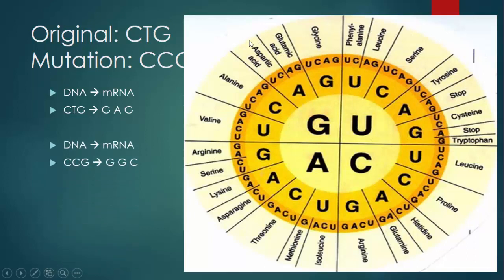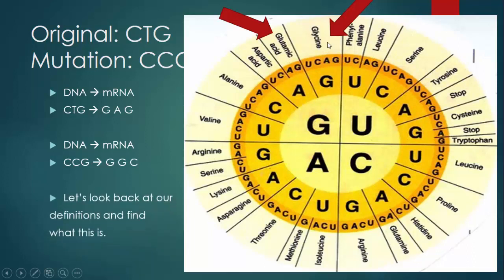We change CCG to GGC, and we see GGC goes to glycine. So we have glutamic acid and we have glycine. They are 2 different amino acids. We're supposed to get glutamic acid, but there was a mutation, and we went from CTG to CCG. When we transcribe that, we see we're winding up with 2 different amino acids. We were supposed to get glutamic acid, which is GAG, but we wound up getting GGC, which is glycine.